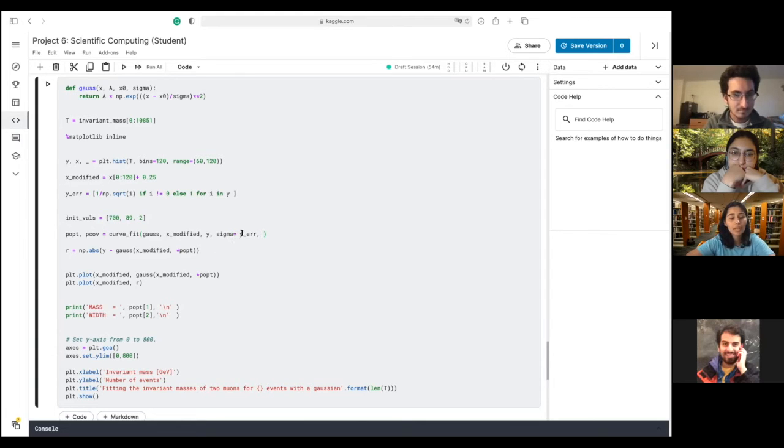Sigma is basically the y error, so we use the y error that we actually provided, and then p0 asks for the initial values.